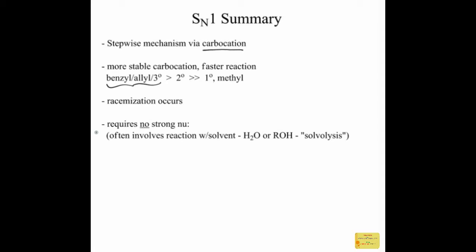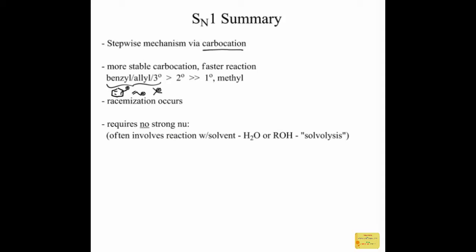And let's just review what benzylic means. Benzylic means that you are next to a benzene ring. Allylic means that you are next to a double bond. And then tertiary, of course, means that you have 3 alkyl groups attached to the carbocation. So those you should recognize as all very, very good carbocations.